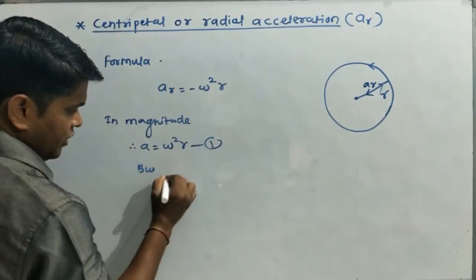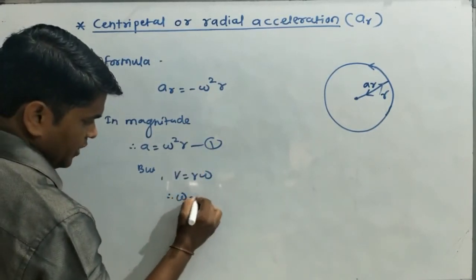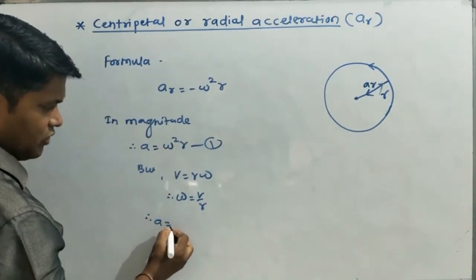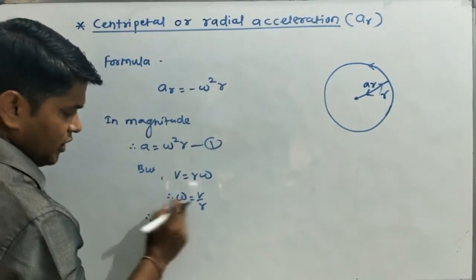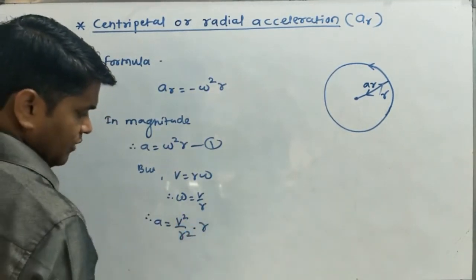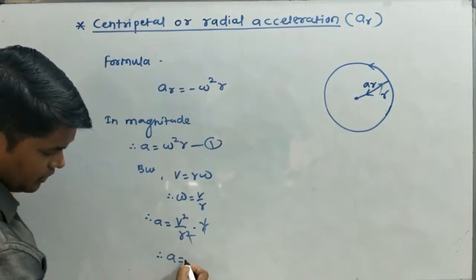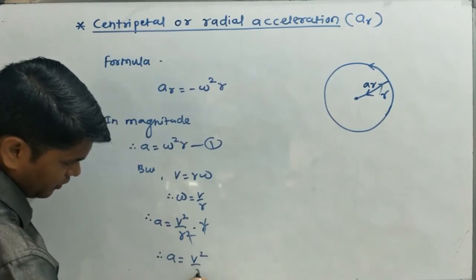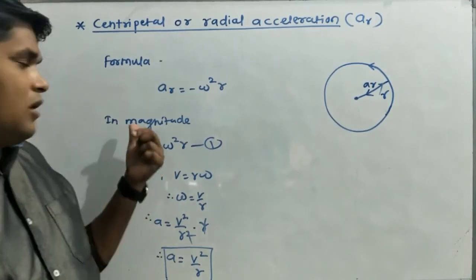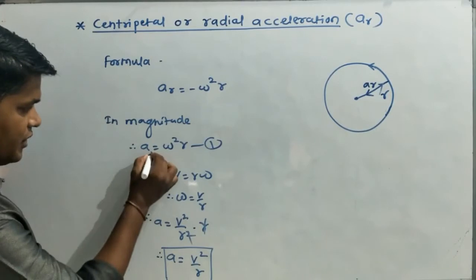But we know that V is equal to R omega, and from that we get omega is equal to V upon R. If we put it here, A is equal to omega square into R, which is V square upon R square into R. So one R gets cancelled, and therefore we get the expression for acceleration as V square upon R. Understood? So this is another formula for radial acceleration or centripetal acceleration.